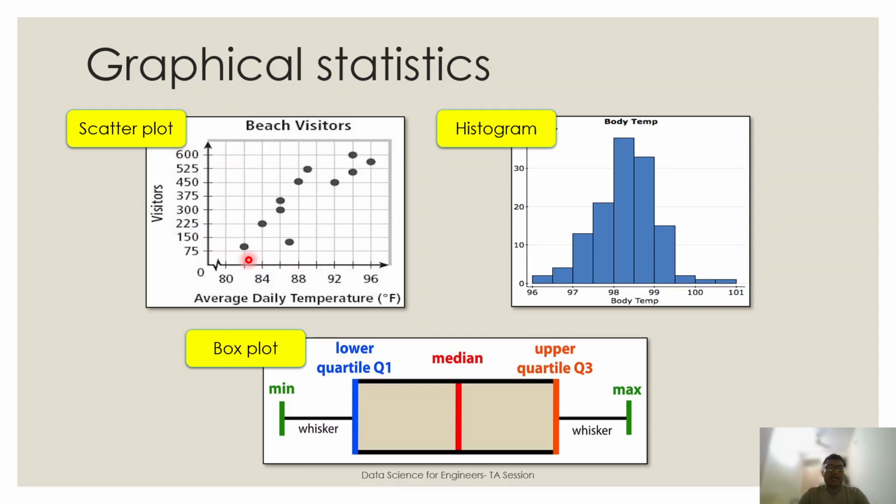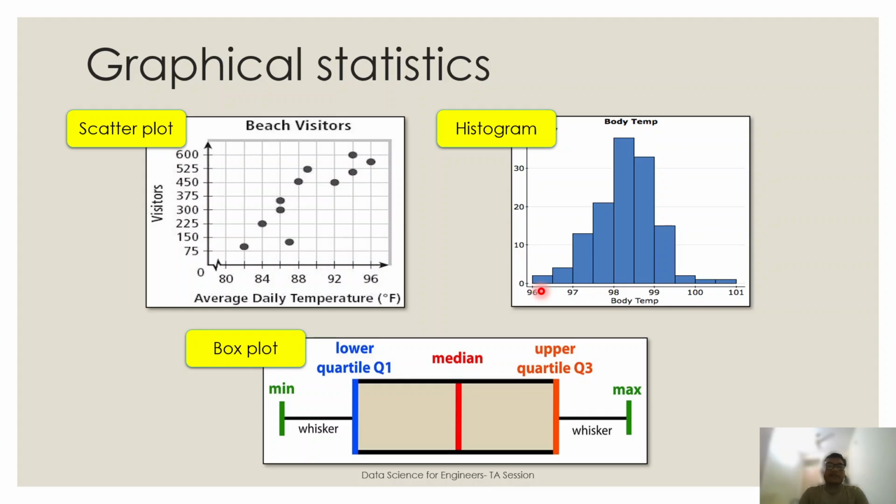In this case, you can see that as the temperature increases, the number of visitors to the beach also increases. With the help of that, if I want to sell something and maintain my inventory, I will see what the temperature is going to be in the morning, and based upon that I will purchase inventory for my particular hotel. Histogram, this is what I am talking about, and you can see the bell shape.